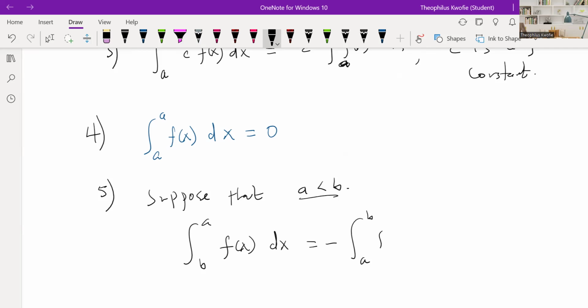So on that note, we'll have something beautiful as this. It's a very important result in mathematics. So please, let's take note of that.